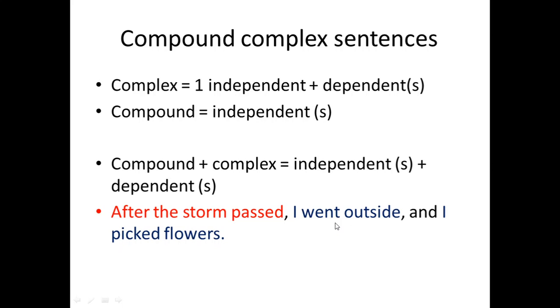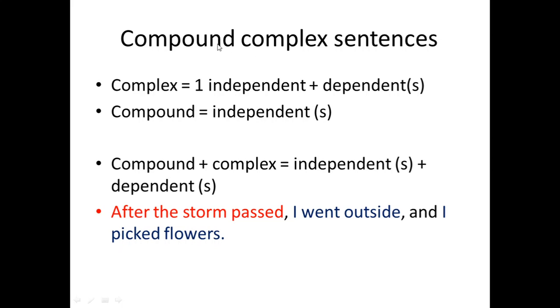I went outside. And then I picked flowers, because here, listen, we have subject and verb. We have subject and verb, right? It's complete, right? So I picked flowers. This is also an independent sentence. So therefore, count it. We had one dependent clause and we had two independent clauses, right? So therefore, we have a compound complex sentence.